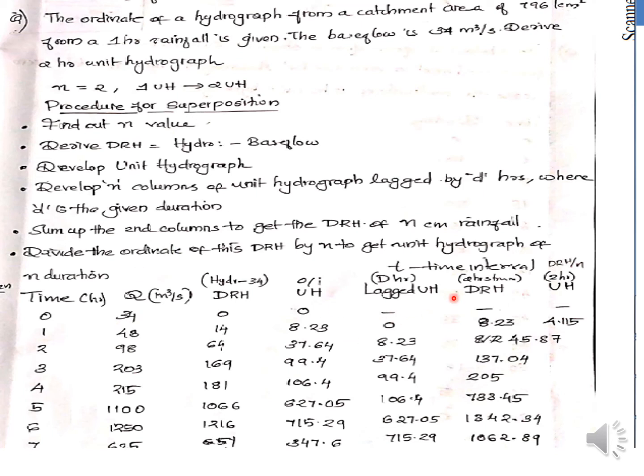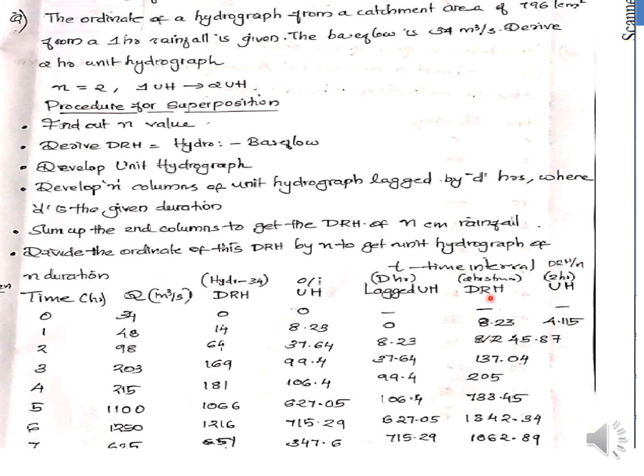So you leave one column and you start the next with 0, 8.23, 37.64 like that, and you add these two columns. If the small n value is 2, you have 2 unit hydrographs. So 0 plus blank 0, 8.23 plus 0 is 8.23, like that you will get the values of the DRH of 2 centimeter rainfall.